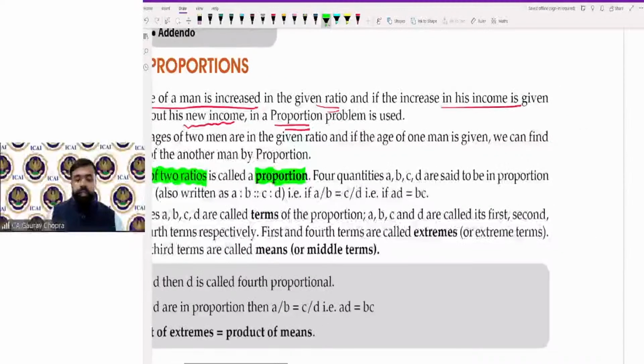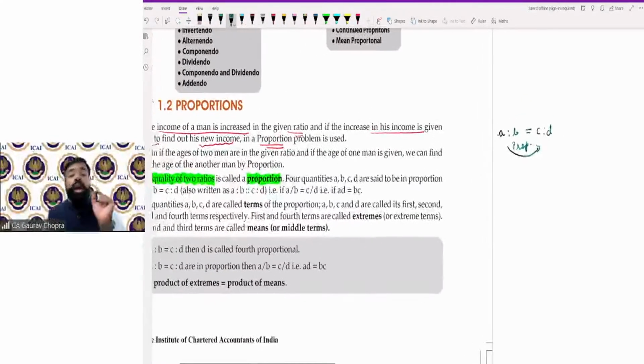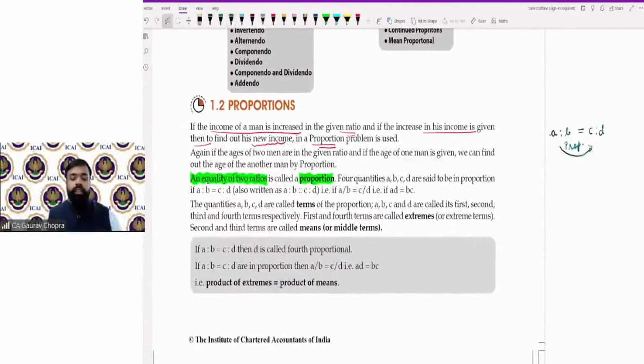For example, if there are two ratios, first ratio is A ratio B and second is C ratio D. These are two different ratios, two separate ratios, and if they are equal, अगर दोनों इक्वल हो जाते हैं, then these ratios are said to be in proportion. जब भी कोई दो रेशियो इक्वल होंगे तो हम क्या कहेंगे, they are in proportion. तो in short what we are saying: equality of two ratios is known as proportion.